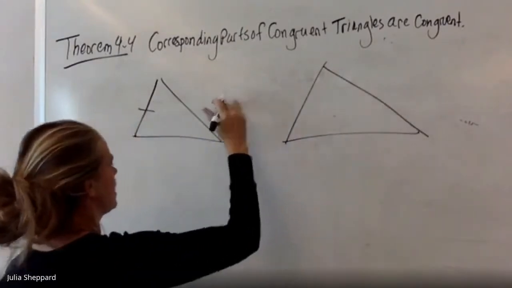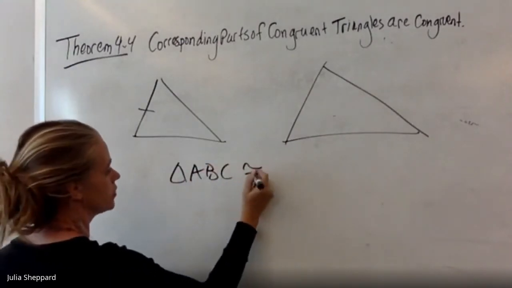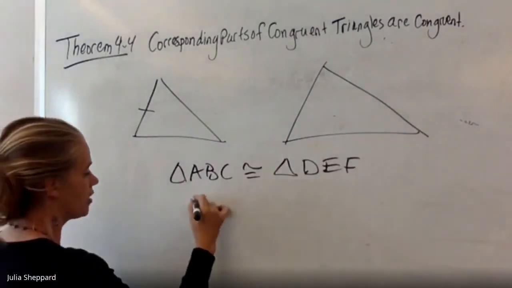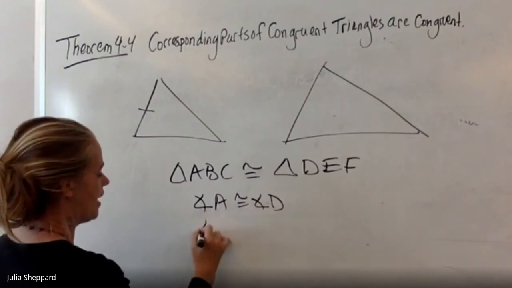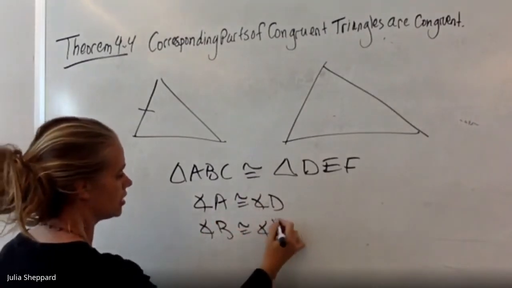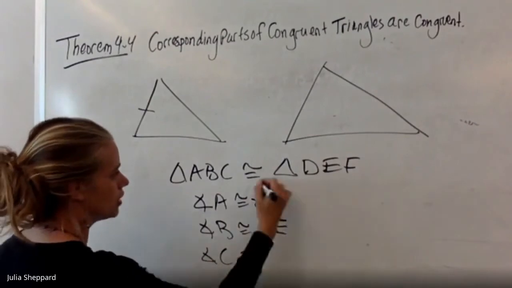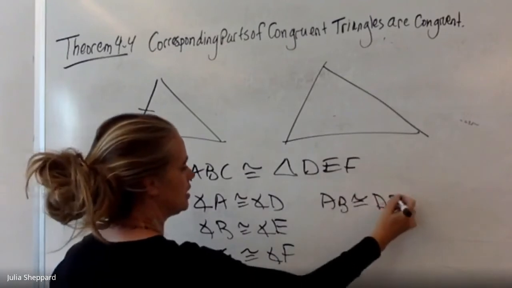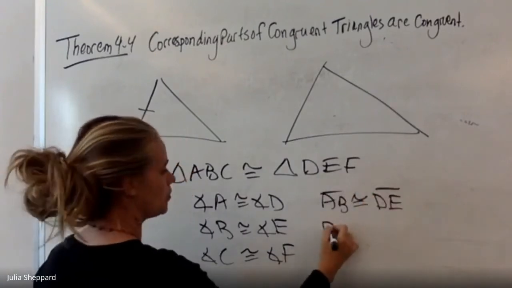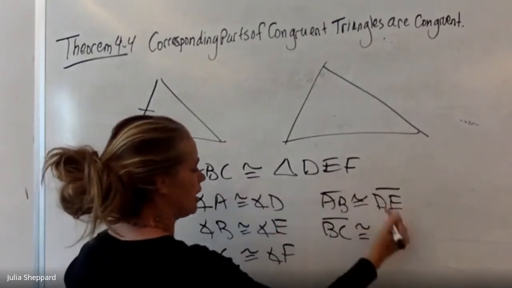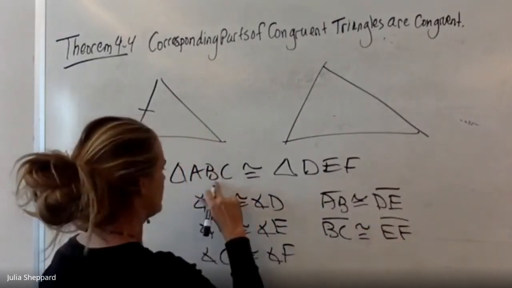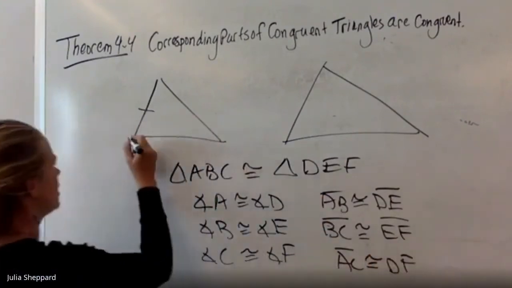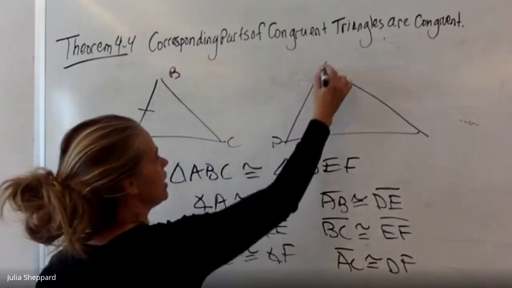So if I say triangle ABC is congruent to triangle DEF, then it better be the case that angle A is congruent to angle D, angle B is congruent to angle E, angle C is congruent to angle F, AB is congruent to DE, BC is congruent to EF, and AC is congruent to DF.